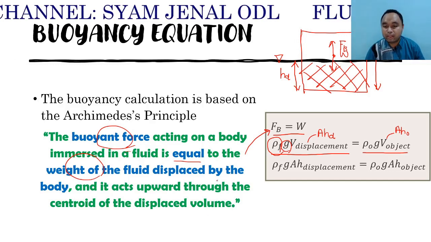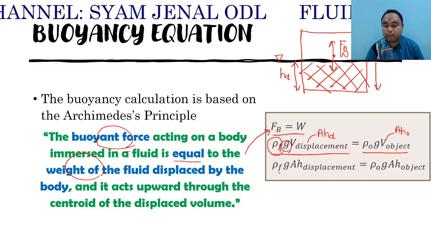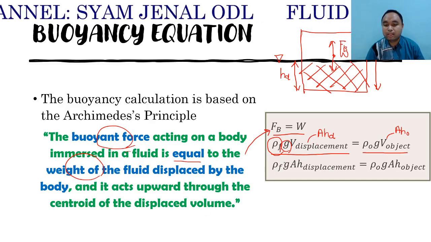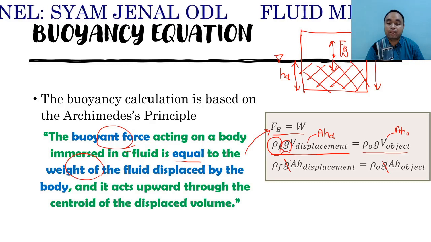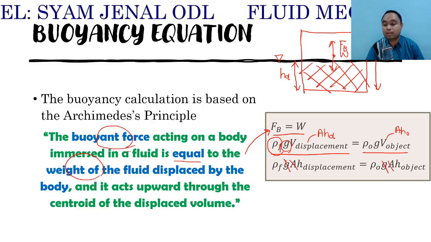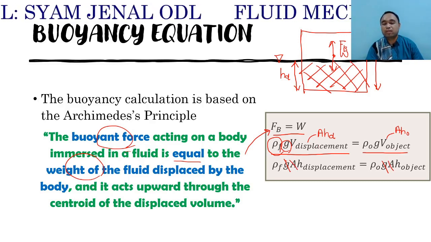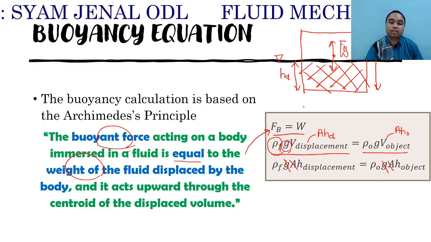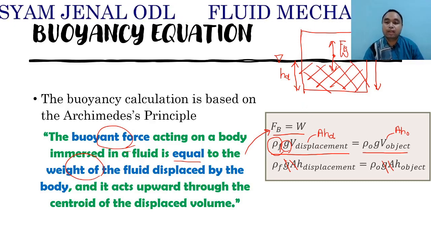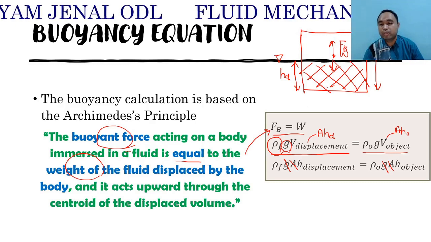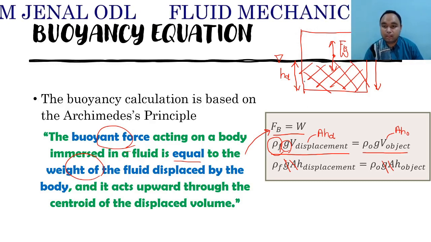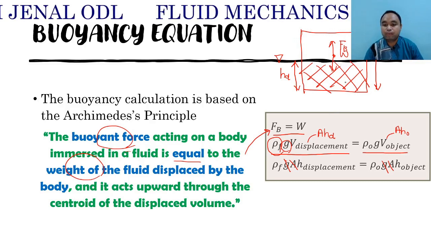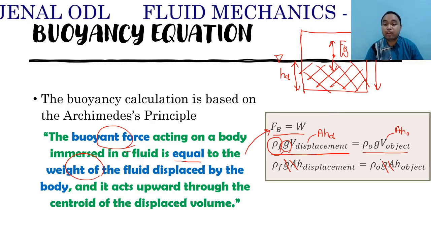If you look at this equation, when you bring it down here, we can see the g on both sides is the same, so we can cancel it out. The area for both sides is also the same, because for this particular study in fluid mechanics we assume the surface at the top of the body is the same as the surface at the bottom. If the surface at the top has a different area than the surface at the bottom, the area on these two sides cannot be cancelled out.